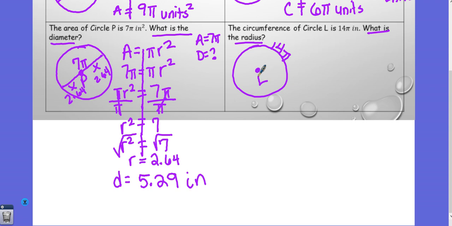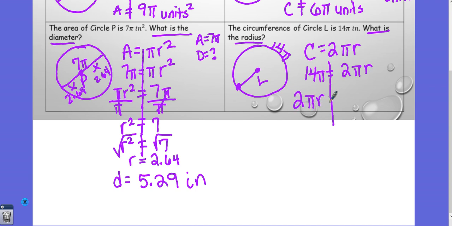So I need to find what this piece would be right here. So it gave me circumference, and so this is the formula I need to use. And it says circumference is 14 pi equals 2 pi r, and we want to find the radius. So we want to find r, so we're going to move the variable that we want to the other side.